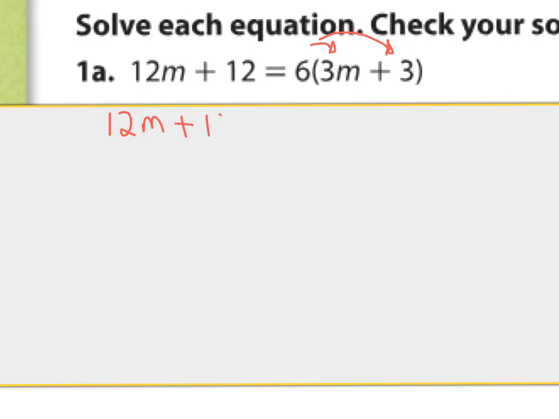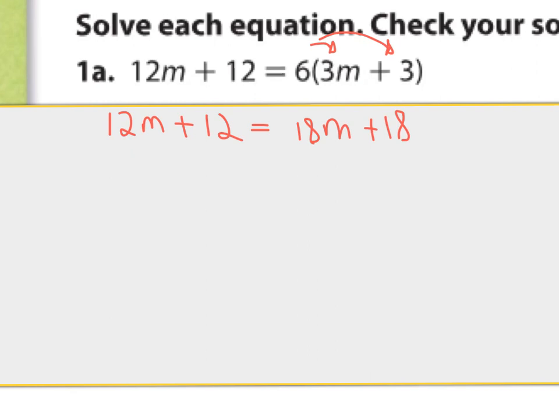12m plus 12 equals 6 times 3m is 18m plus 6 times 3 is 18. Okay, so now I want to collect my like terms, but before I do that, I need to identify which side has the higher coefficient. Over here I have a coefficient of 18, and over here I have a coefficient of 12. 18 is the higher one, so I'm going to get rid of this one.